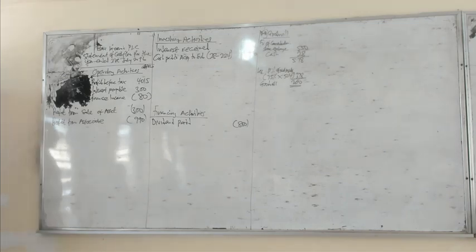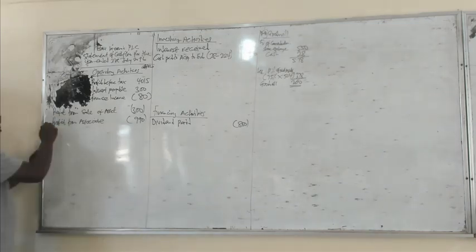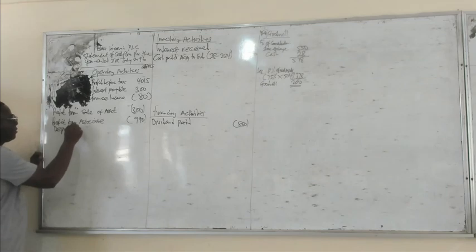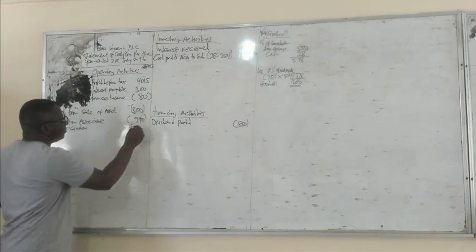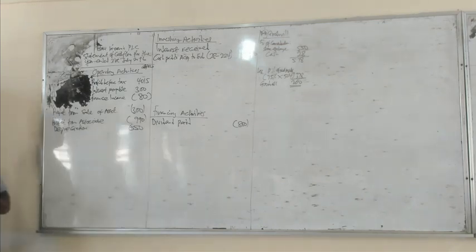So we have depreciation, depreciation paid for the year, 650. Okay. What's next?